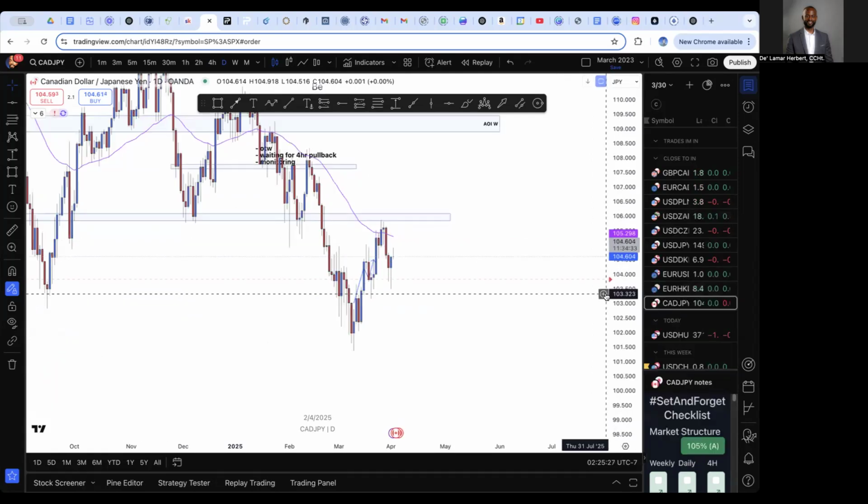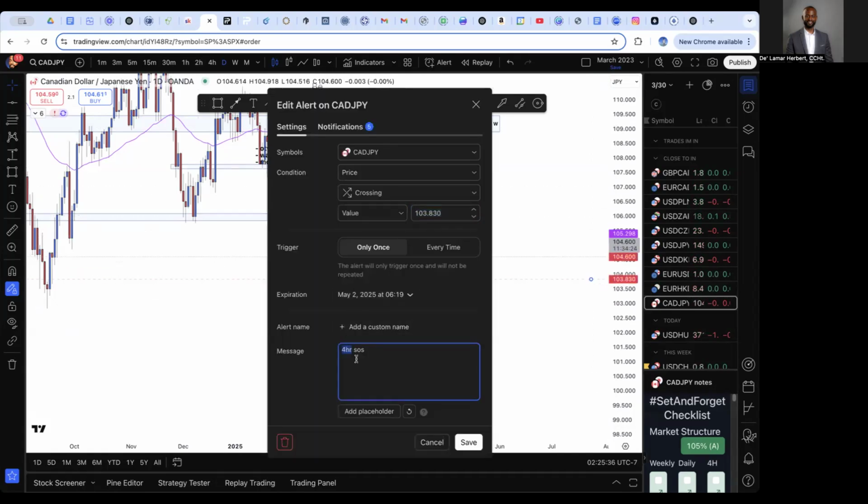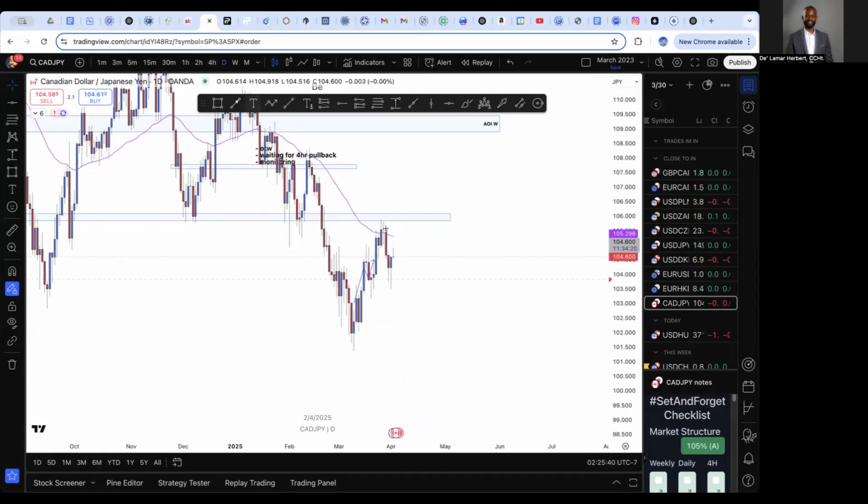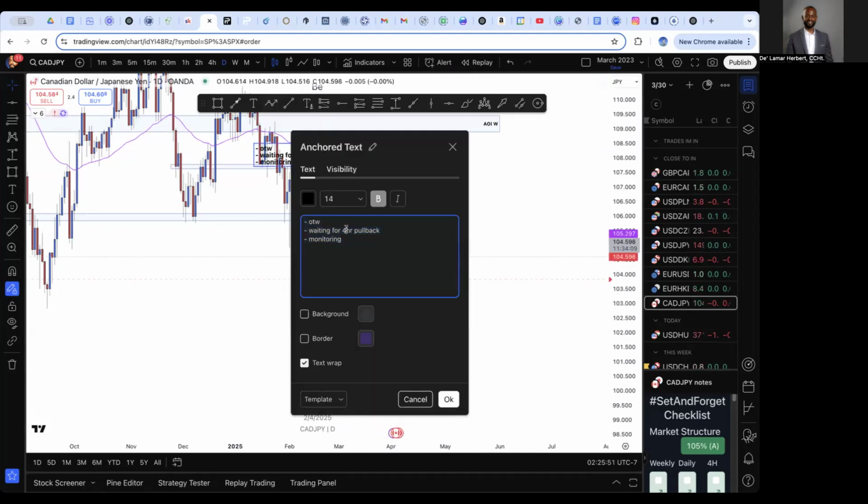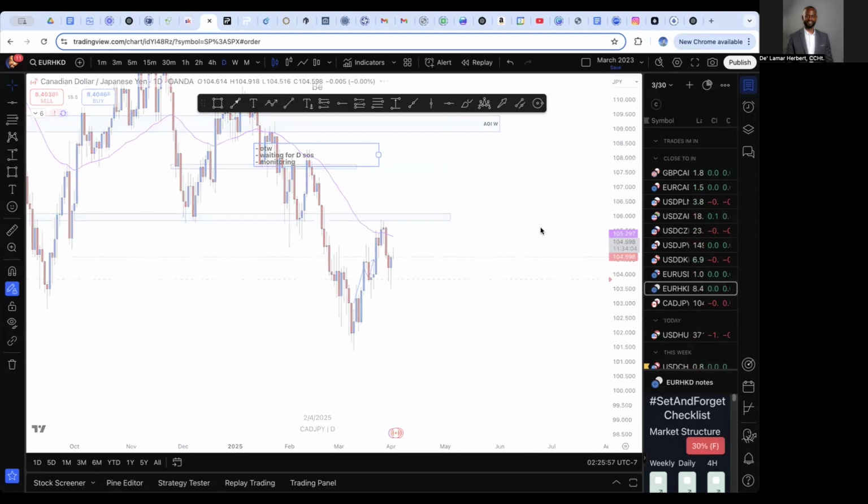So right now, just looking for a daily shift of structure. Actually, we're not having a pullback. We just need a shift of structure here. That's what we're looking for. Daily shift of structure.